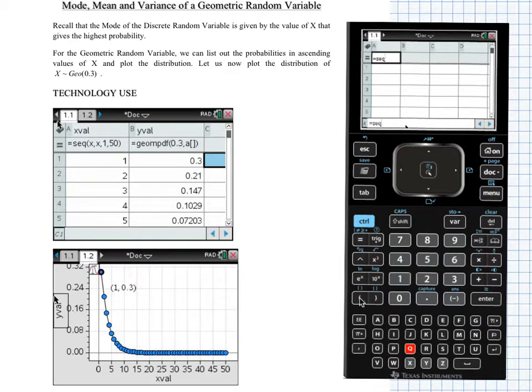So we type in SEQ followed by x, comma, 1 to 50.